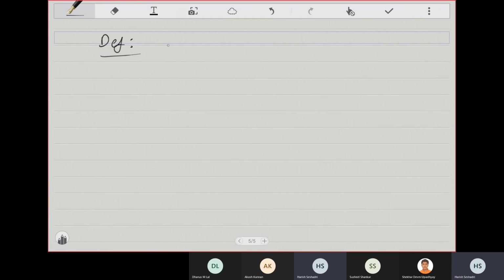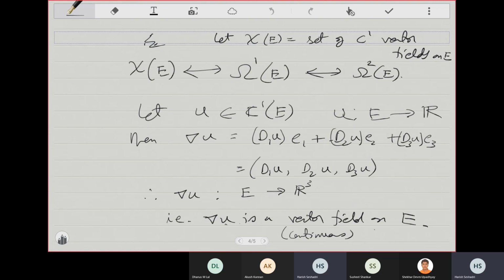So, definition: let F be in chi of E. Did I define chi of E to be the C1 vector fields? Yes, C1 vector fields.